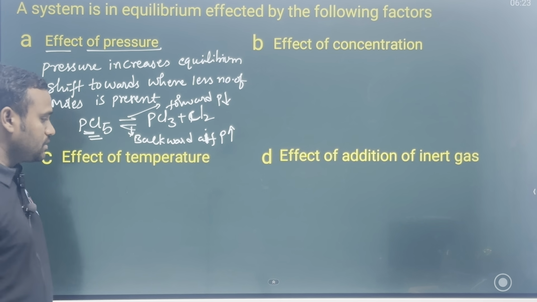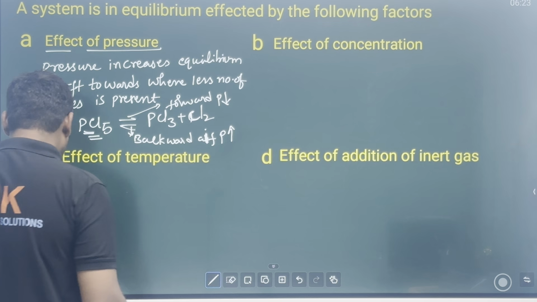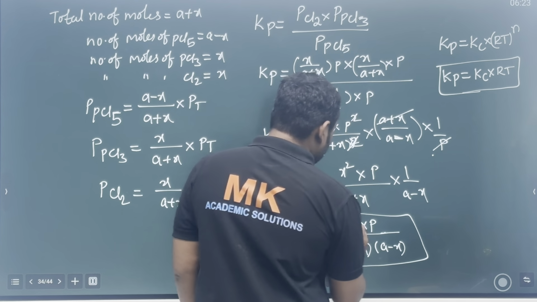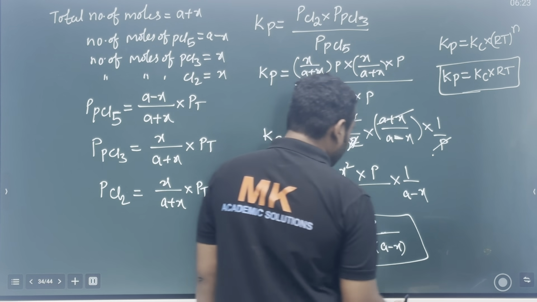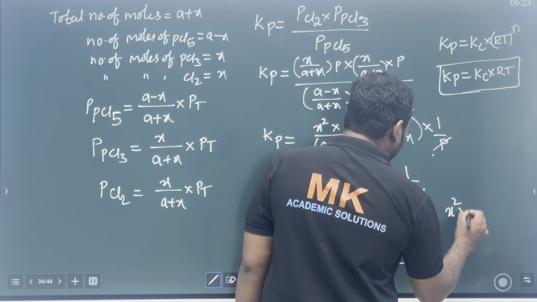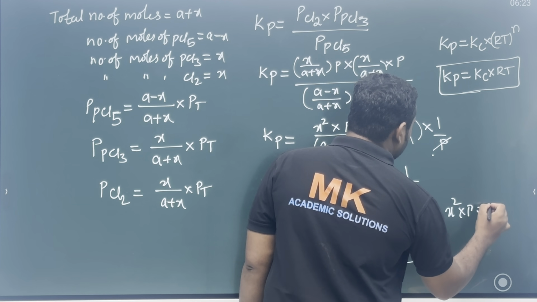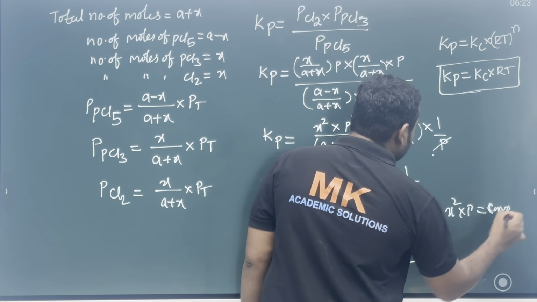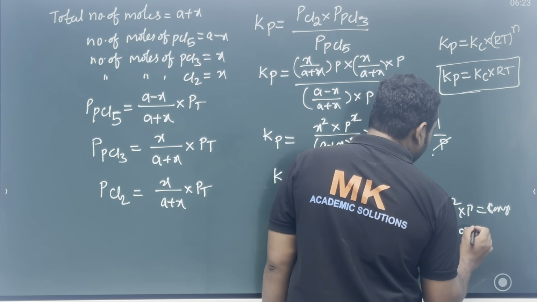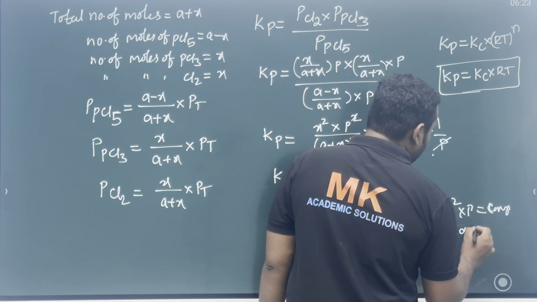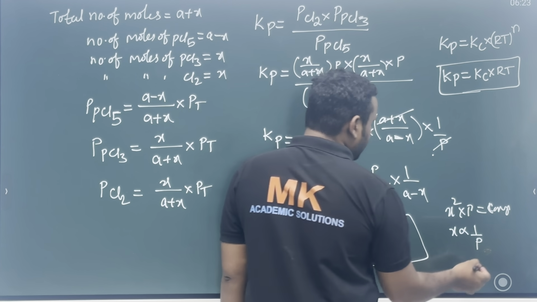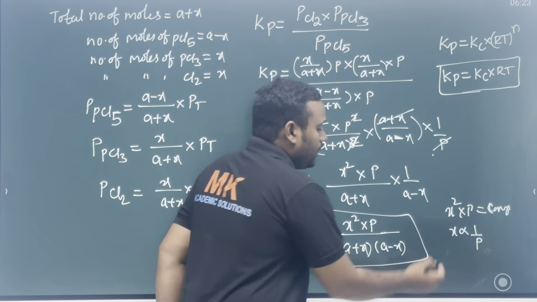We can conclude this using the equation also. Here x and P are the terms; consider x square into P equal to a constant. So x is inversely proportional to P. When pressure decreases, x increases.